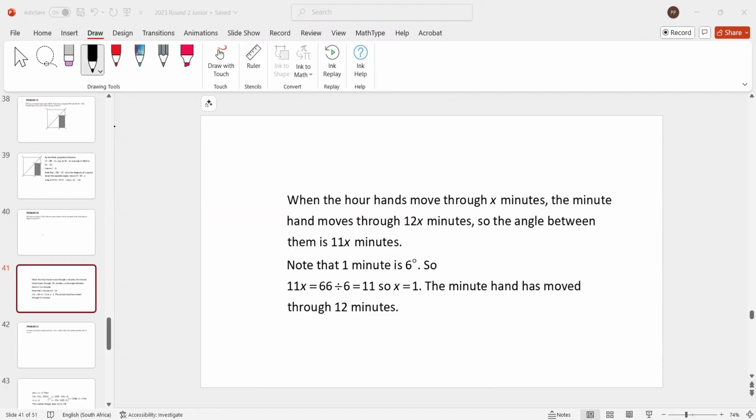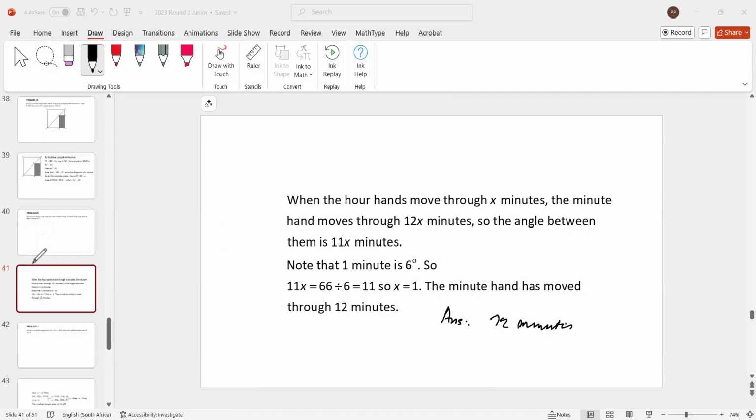See, from 12 o'clock, if it's only moved through 12 minutes, the angle between them will be very, very small. So the answer is actually 72 minutes. So I'll just correct that. So I must go and correct this answer. It's a little bit tricky.